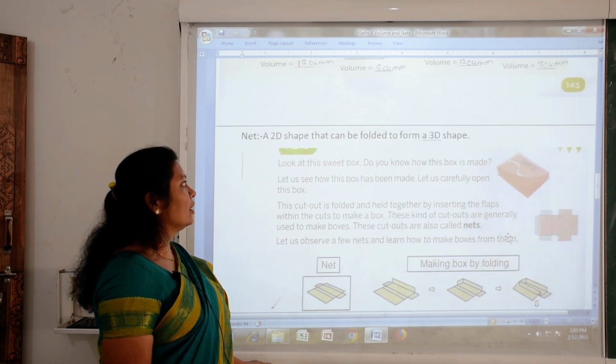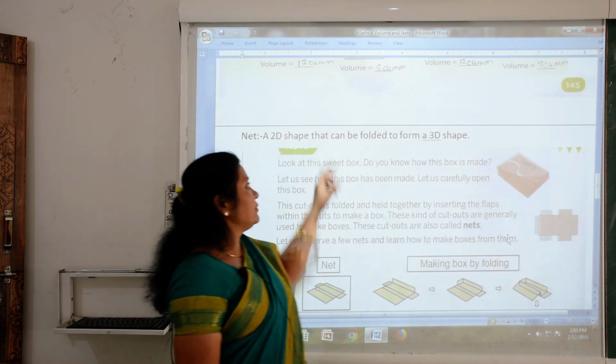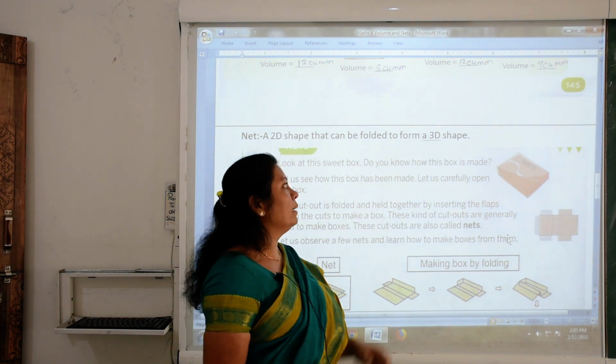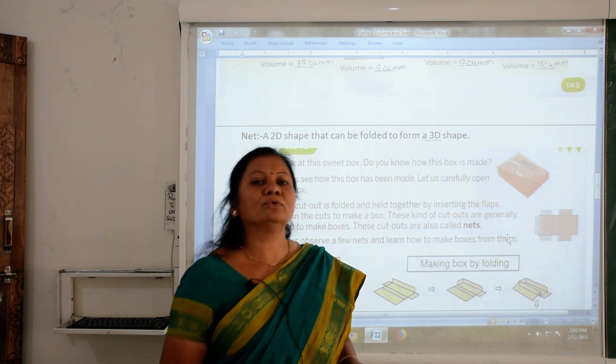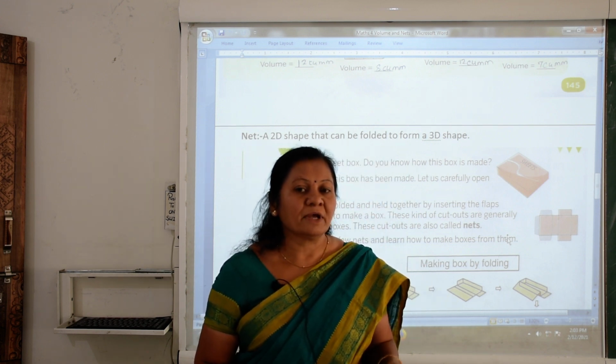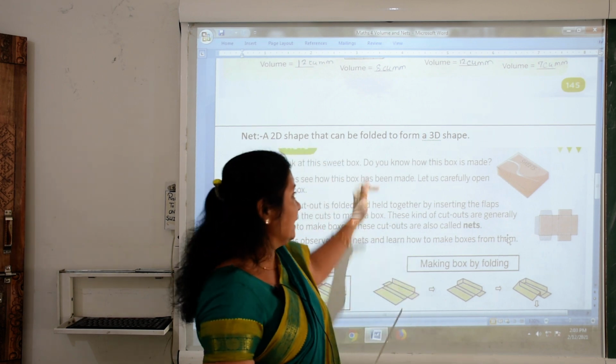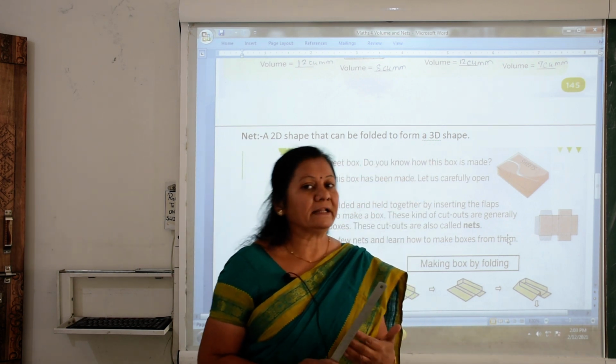Now here, about net. A net is a 2D shape that can be folded to form a 3D shape. You know 2D shapes, square, rectangle, and these 2D shapes fold into 3D shapes to form a net.